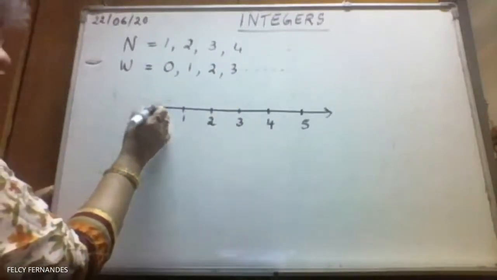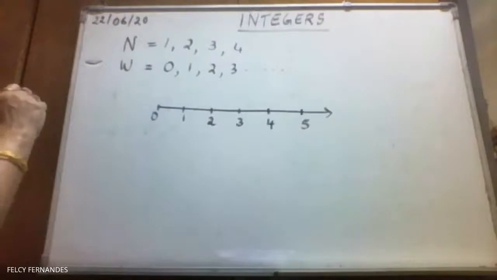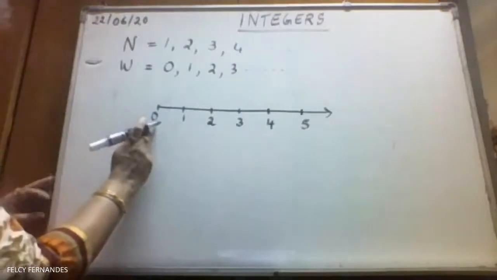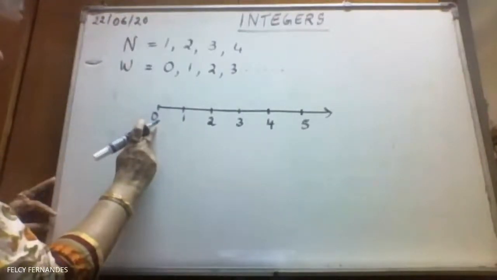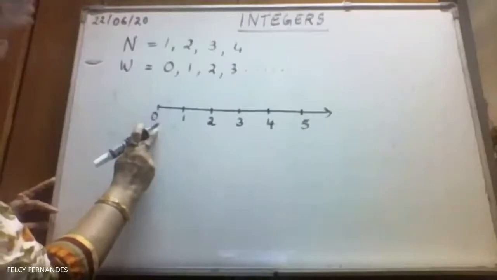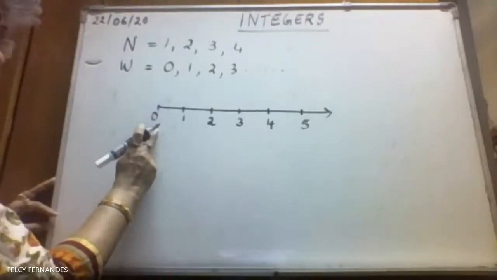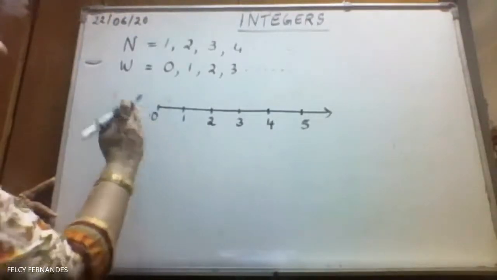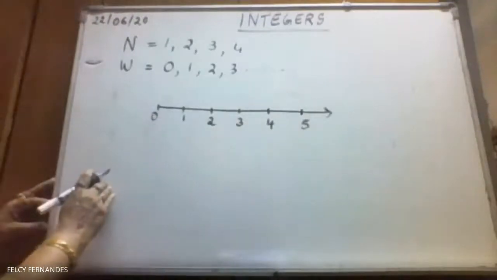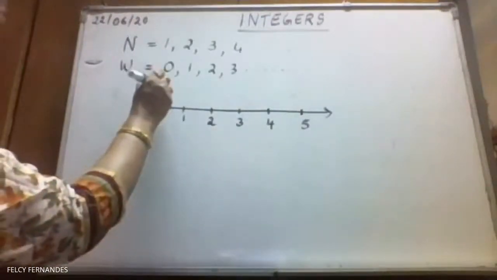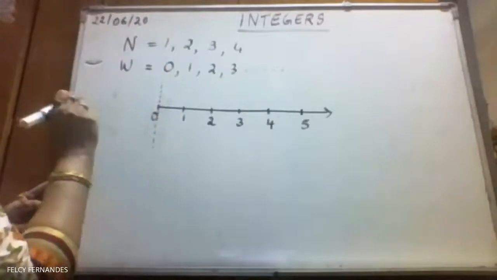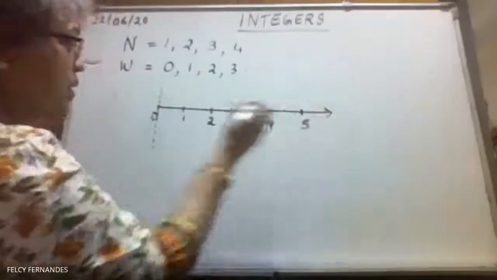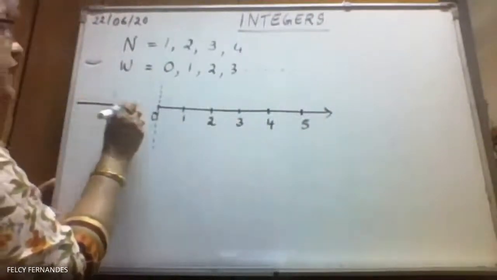If you had to find the predecessor of 0, or the mirror image of this number line, suppose you keep one mirror over here. How will these numbers appear inside the mirror?